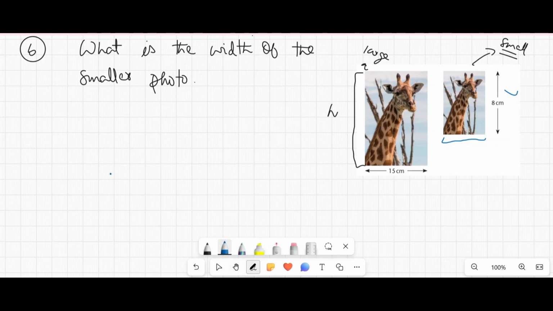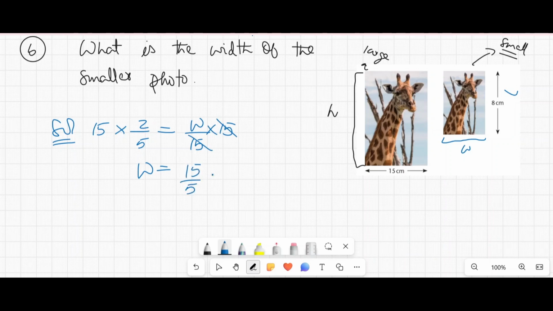So this is also similar to the previous one, and we will use 2:5. But now if we are finding the width of the small photo, W divided by the width of the large one, which is 15. By multiplying both sides with 15, the 15 will be cancelled, and you will get W, for the width, equals 15 divided by 5 into 2.